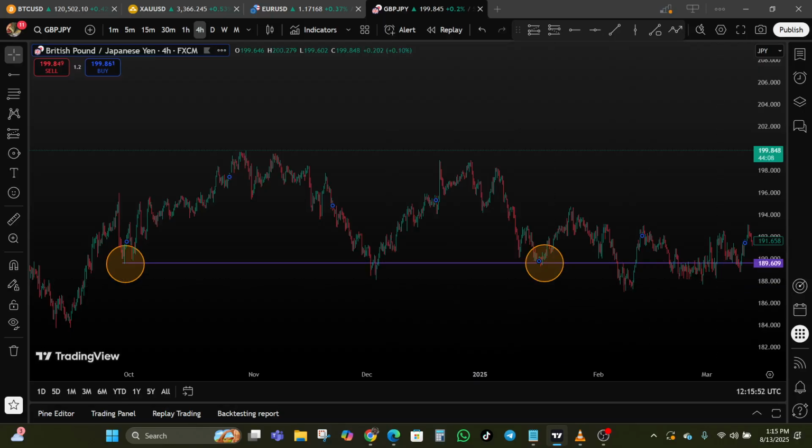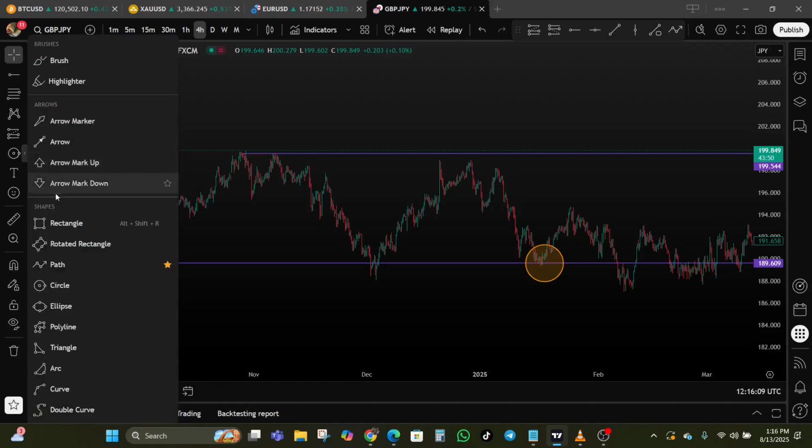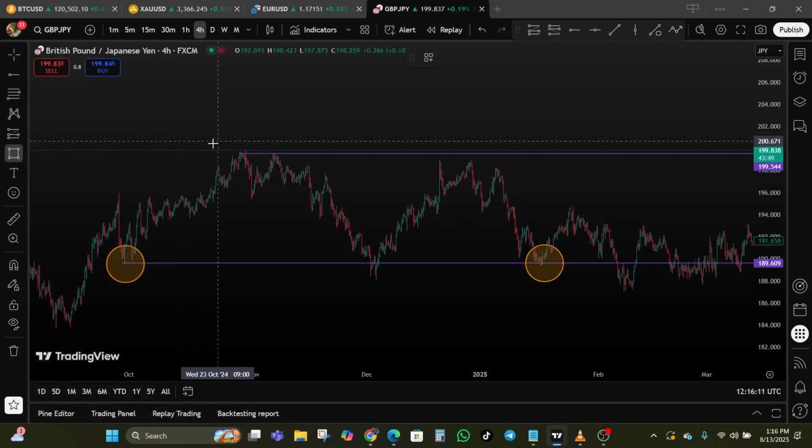So first of all, you have to start with market structure. You look for key swing highs and lows, places where many traders place their stops. All right, this is an example. You can decide to use a horizontal line, or you can use a zone with the rectangle tool.